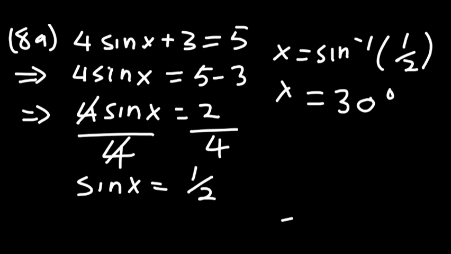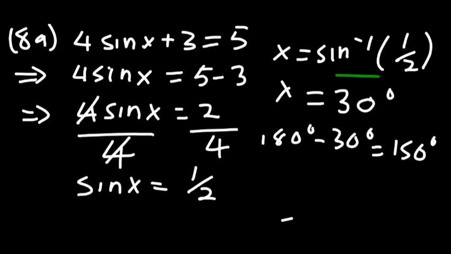To find the angle in the second quadrant, we are going to say 180 minus 30 degrees, which is equal to 150 degrees. So we've got two angles: x in the first quadrant, which is 30 degrees, and x in the second quadrant, which is 150 degrees. So these are solutions for question 8a.